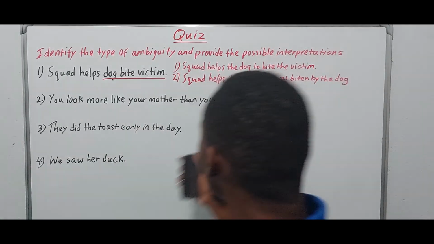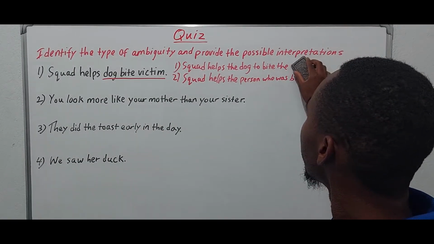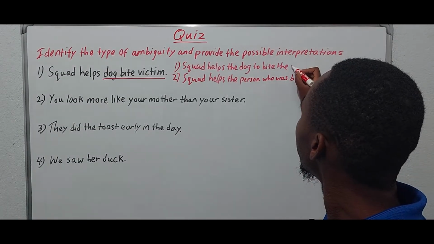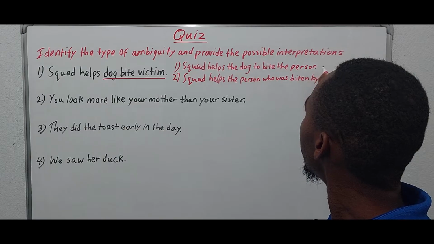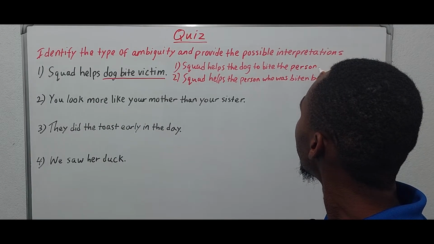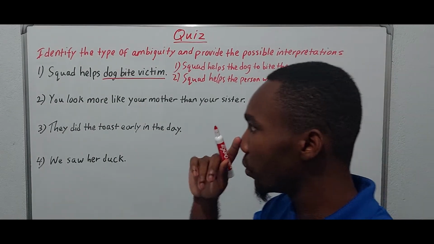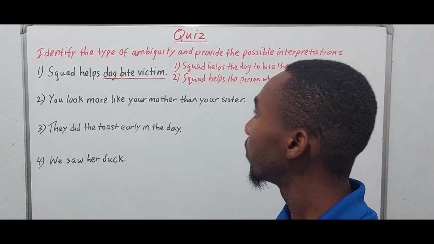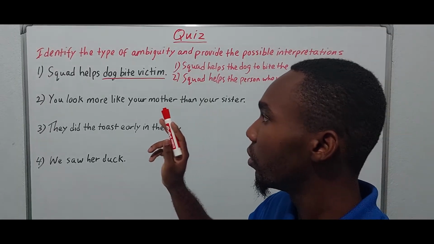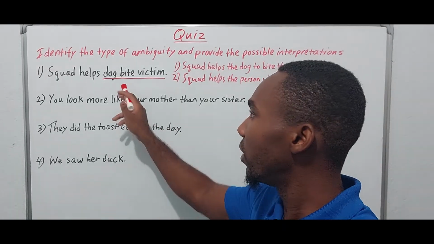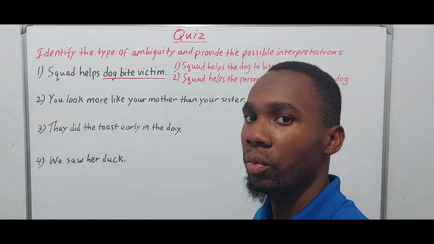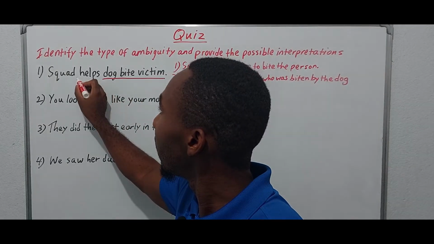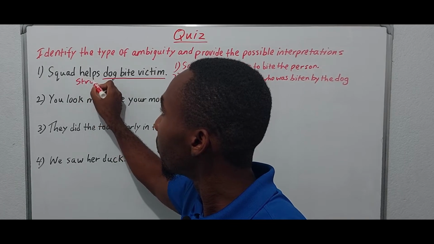Let's not say victim. Right. So those would be two possible interpretations of that sentence. So what would that be? Since it is in a phrase, we would say that that would be structural. So this will be an example of structural ambiguity.